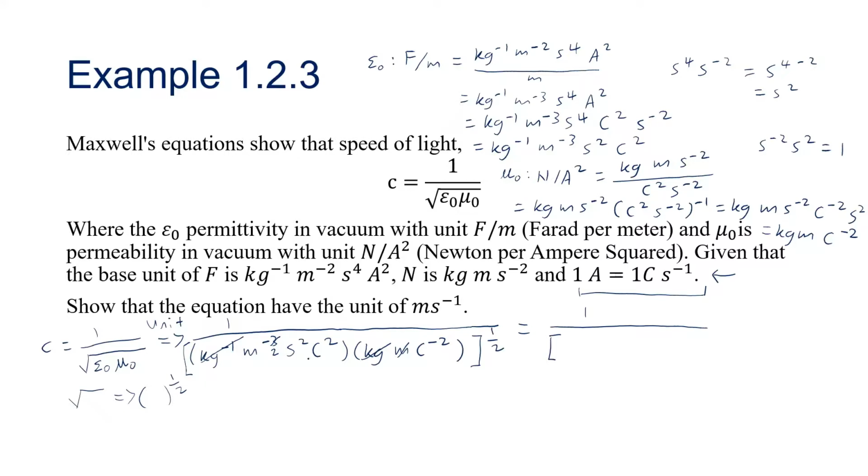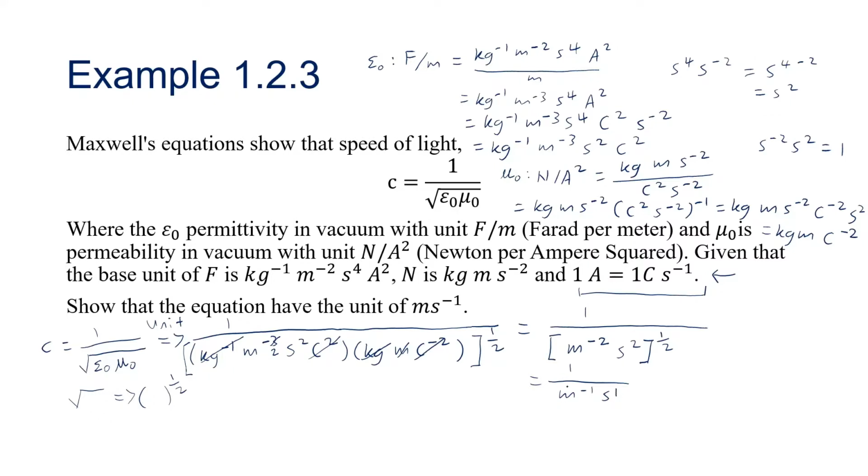Now the coulomb can be cancelled, and now you see we are left with m to the negative 2 and s squared. This is a square root, so we have 1 over m to the negative 1 and s to the 1.